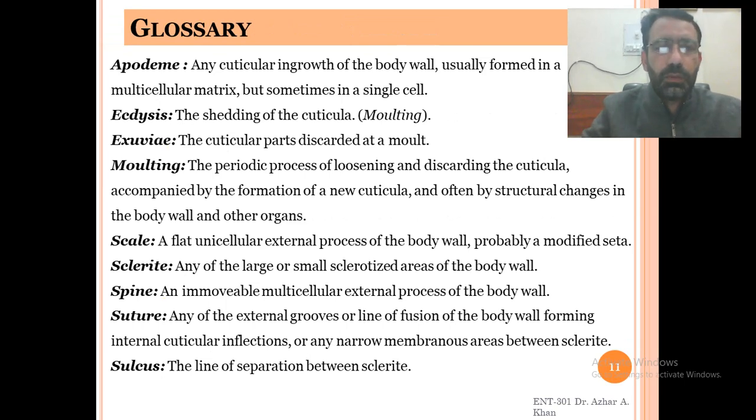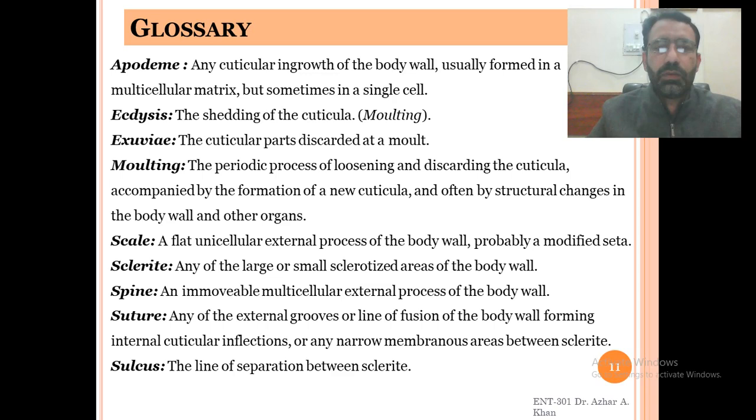So while we are talking about the chemistry of integument and structures of a typical insect integument, we must know some terminologies related to the integument. Apodeme. Apodeme is a cuticular ingrowth of the body wall, usually formed in a multicellular matrix, but sometimes it may be of a single cell.